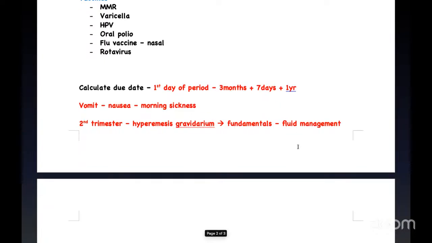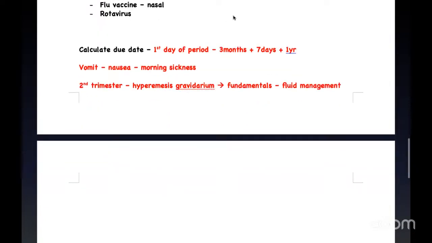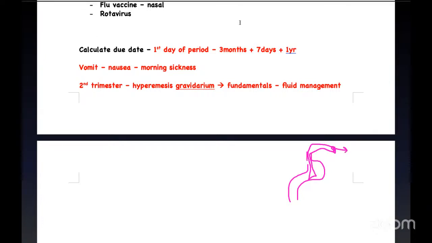So what do you expect? If somebody has hyperemesis gravidarum, the best way I want you to think about it is you have a patient with the NG tube in place. So they have an NG tube because they're going to be vomiting. What are the lab work you should expect in a patient with an NG tube?